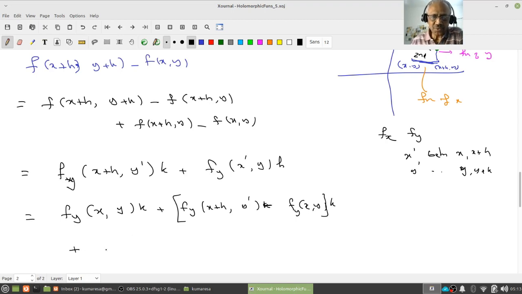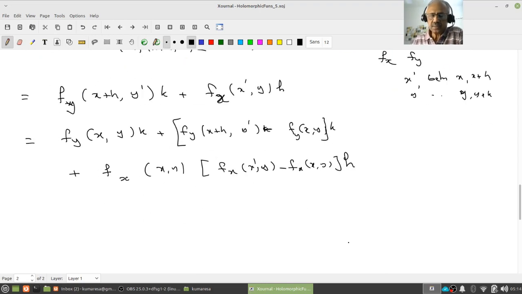And similarly the next one, what is the next one? This is fx at x dash, y, minus fx at x, y, into h.